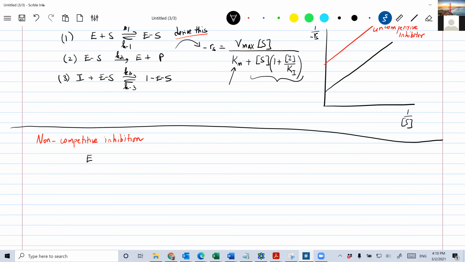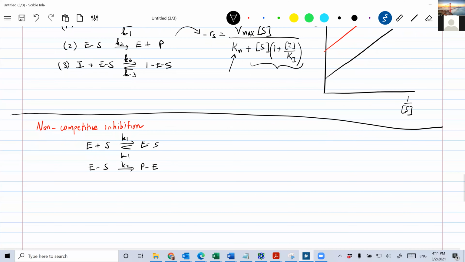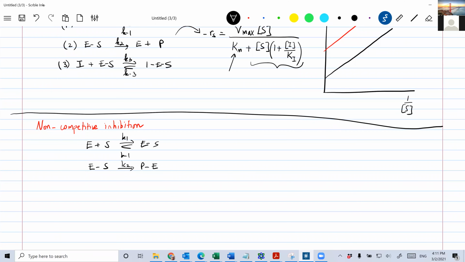So the mechanism for that is a bit more involved. So you have k1, k minus 1. You have your reaction as normal. Once again, I lumped in the enzyme-substrate to product and the product release steps. So I combine these steps.